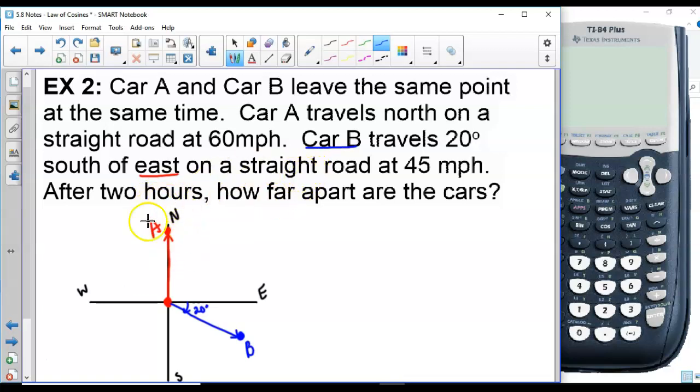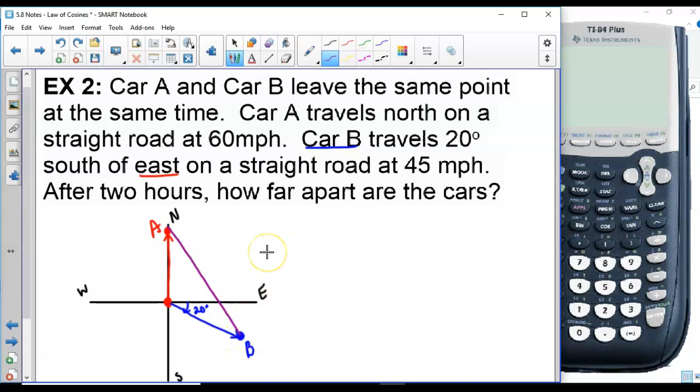Let's say the helicopters are all around here. For whatever reason, they didn't see the car over here. We want to know how far it's going to be for the helicopter to fly back over here to where B is at. So they look on traffic cameras or something and they see, oh no, B actually went this direction. How far does our helicopter have to go to get over here to B?